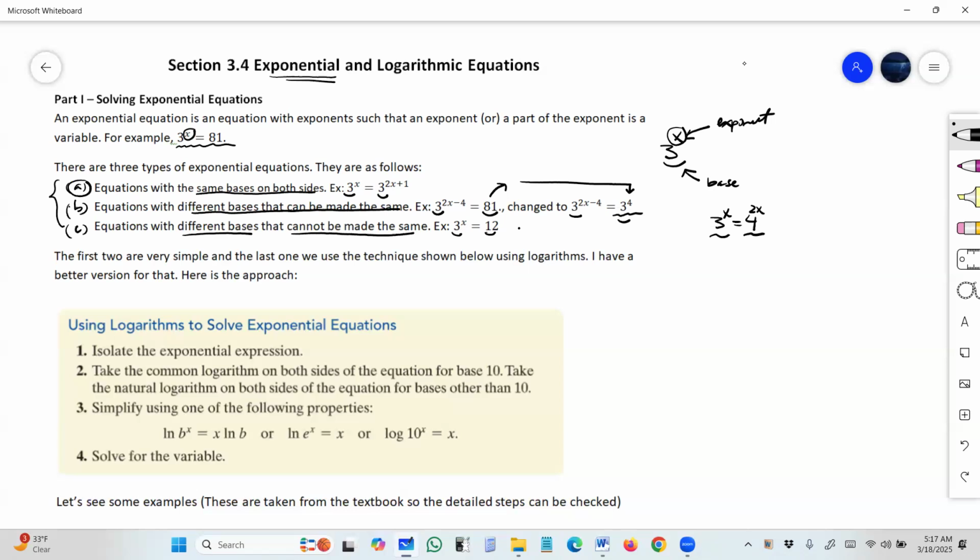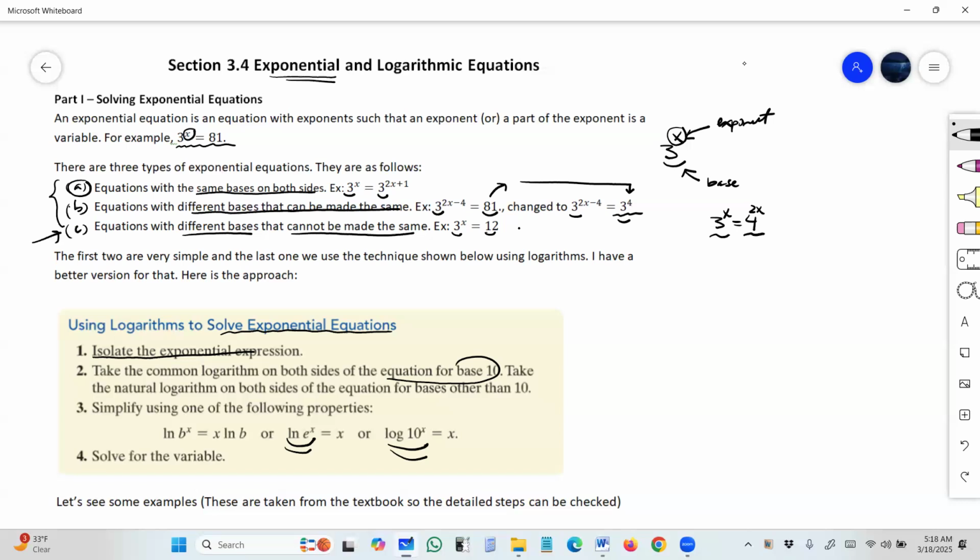Now, your textbook covers the technique for you to solve exponential equations in a specific way. First, we isolate the exponential expression on one side of the equation. In our case, we're always going to isolate the expression on the left side. Then the textbook suggests that you either take the log of both sides, base 10 or base E. This is specifically for the last case.